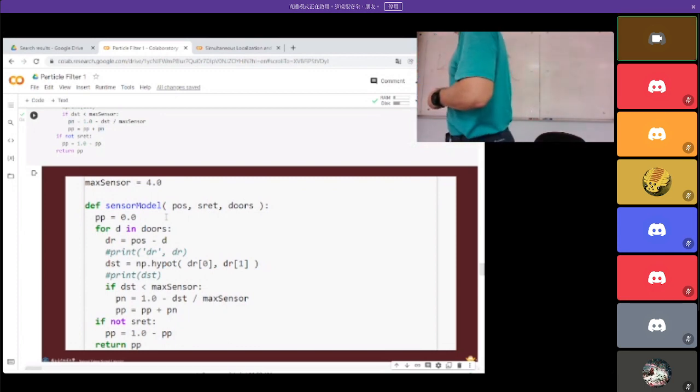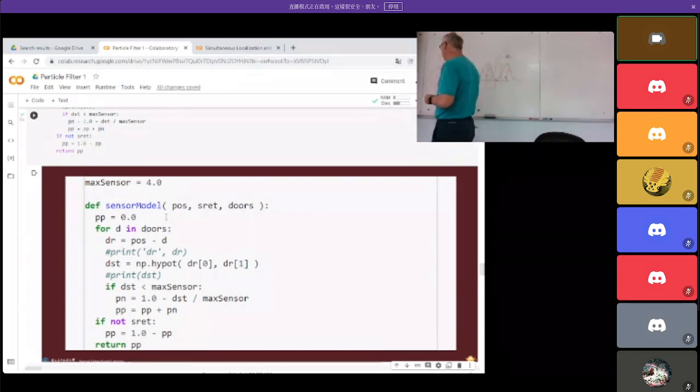So instead, it may look like this for our sensor model. Or if you have an ultrasound sensor, the response, if the object is too close to the sensor, and that's true for LiDAR too, then you won't be able to detect it.